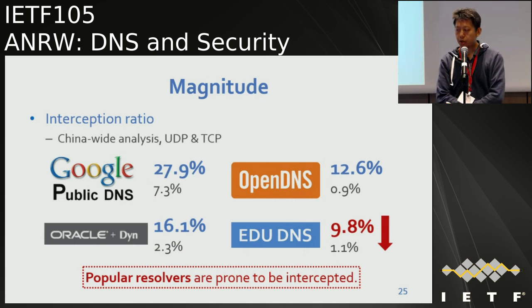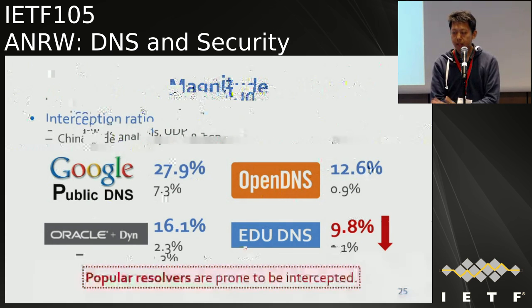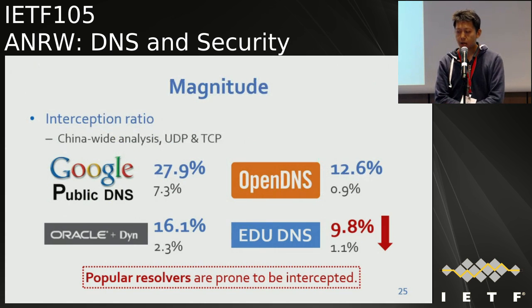And then we also looked into the differences between the public DNS resolvers. It turns out that if you go to a more popular, well-known public DNS resolver, the chance your request gets intercepted may be higher. If you are in China and you use Google's public DNS over UDP, there is a 28% chance your request will be intercepted.